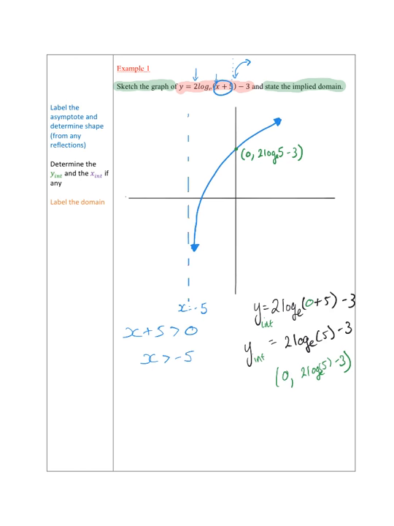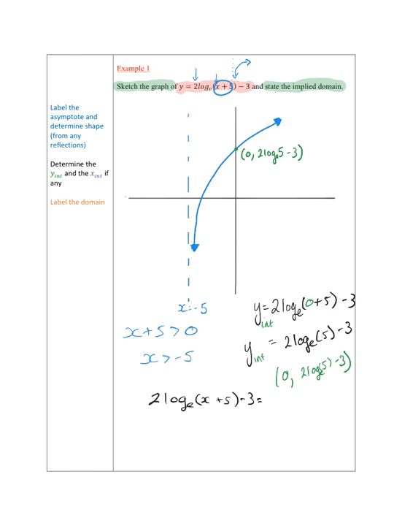The x-intercept can be a little bit more involved. Here we're saying that 2 log e of (the x-intercept plus 5) minus 3 equals 0. So remember what we're finding here.